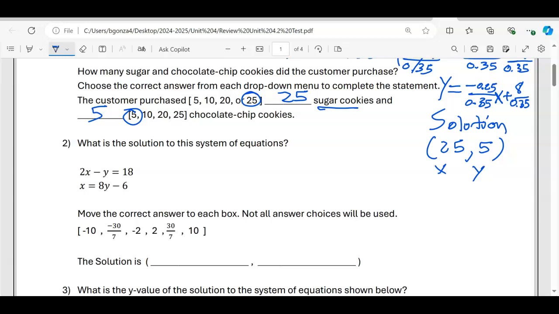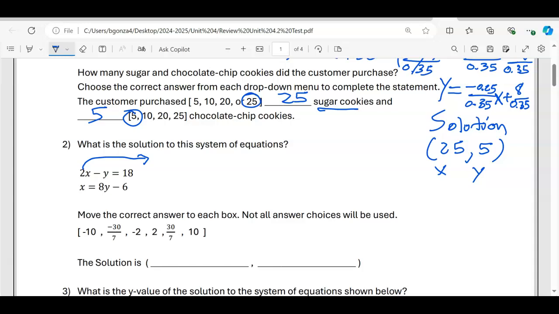So first I'm going to write this one here. So 2x minus y equals 18.